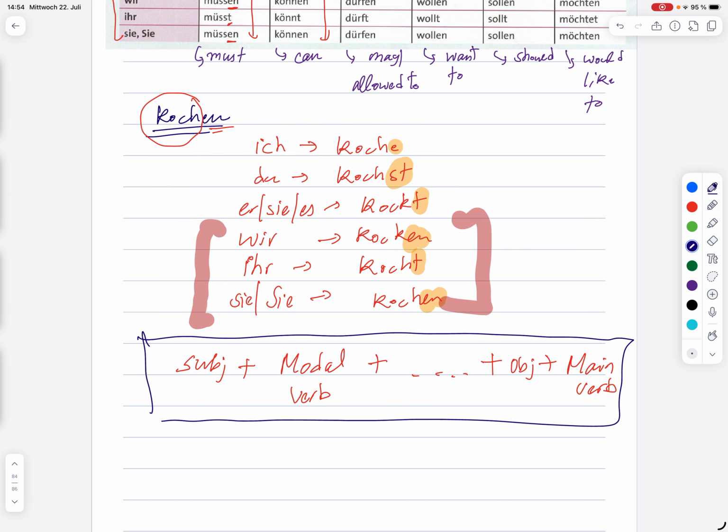The modal verb is being conjugated and the main verb stays in infinitive form, right? The modal verb is always in the second position, and then the main verb comes at the end, right? So this is the sentence structure when using the modal verb.